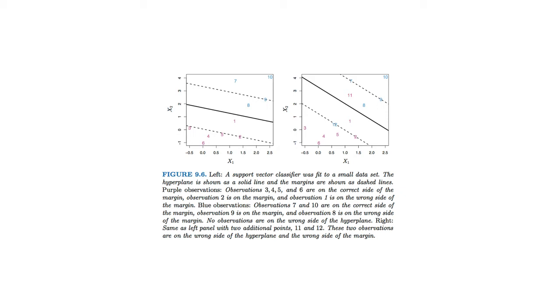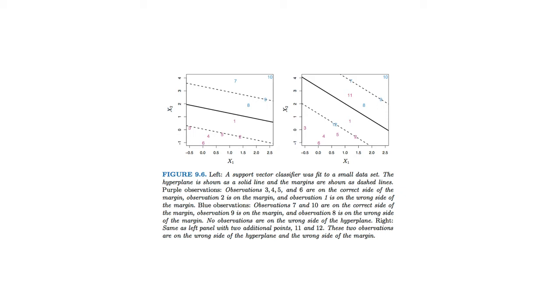In the example on the left, you see that some points have wandered into the margin. So the support vectors here, you could say, are 9 and 2 and perhaps 3. Those points seem to be right on the margin, and those could be the support vectors. But then points 1 and 8 are inside the margin, so that's problematic.